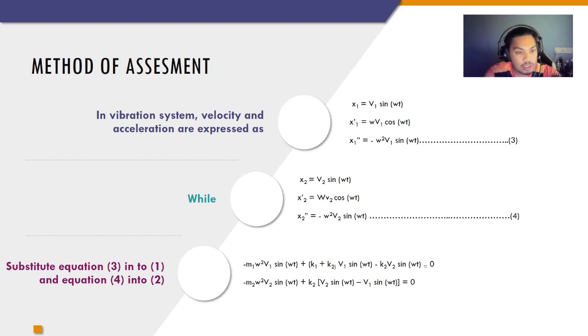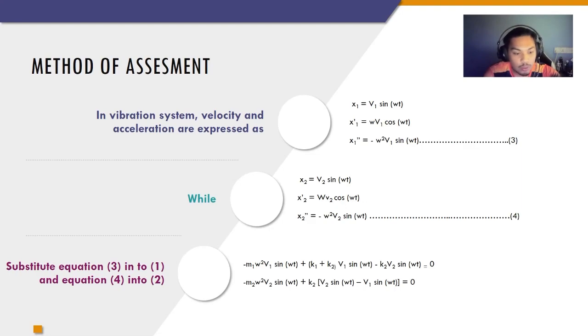In a vibration system, displacement, velocity and acceleration are expressed as x1 equal to v1 sin omega t. We differentiate it to get x1 prime equal to omega v1 cos omega t, and differentiate one more time to get x1 double prime equal to negative omega squared v1 sin omega t.